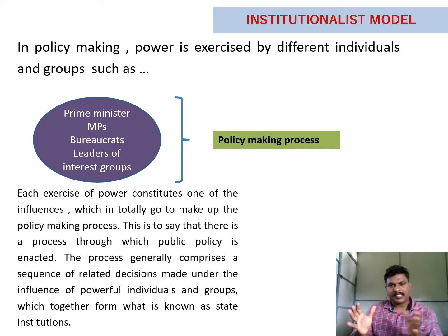So the public policy is enacted from a process where the decision makings are carried out by the powerful persons. The process generally comprises a sequence of related decisions made under the influence of powerful individuals and groups. So the powerful individuals within the group may have an impact on the decisions.